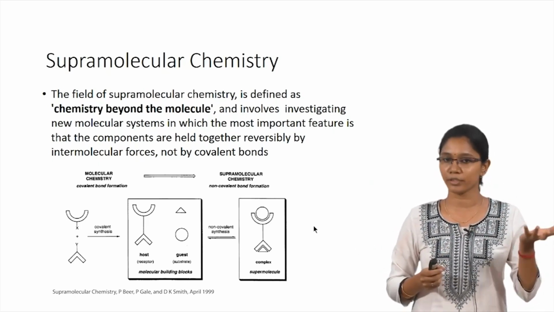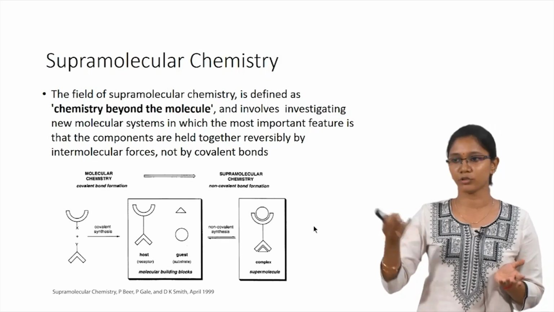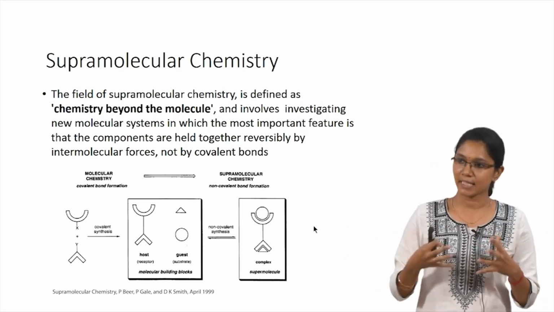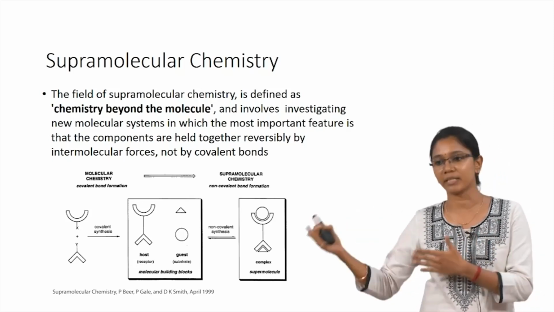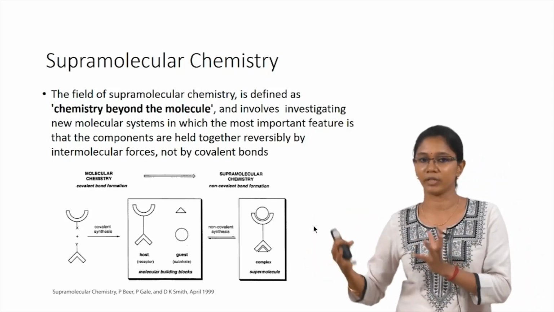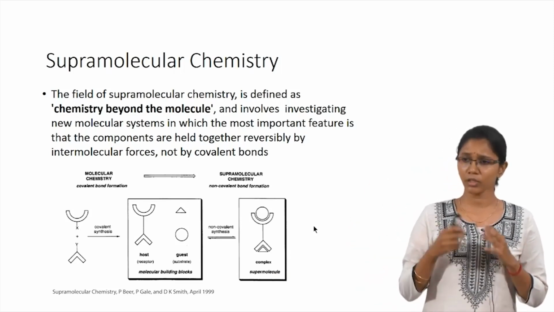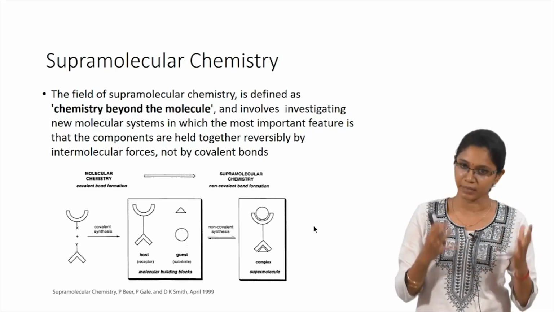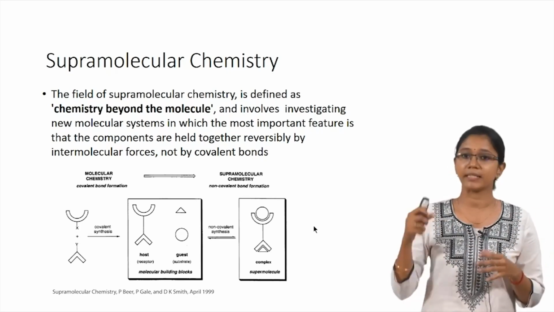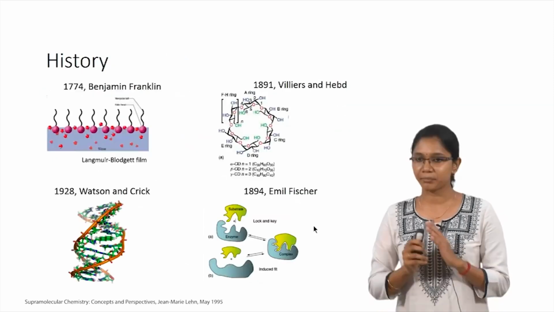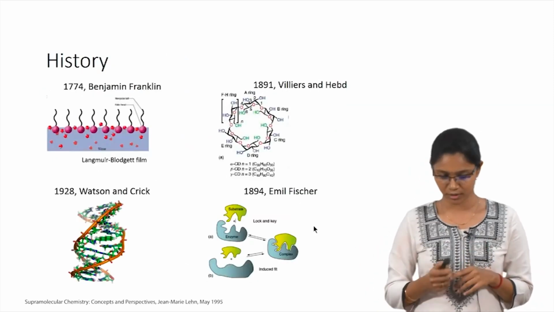You take one molecule to be the host and another molecule to be the guest, and when they combine together, there is an interaction happening in between, and these form aggregates, which we call a supramolecular aggregate, or supramolecular chemistry is the term overall. Unlike the covalent bonds formed within the atoms, here only non-covalent interactions come into play. A brief history of how this came across.